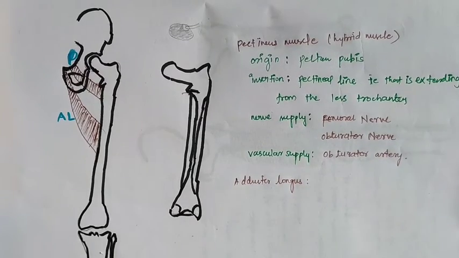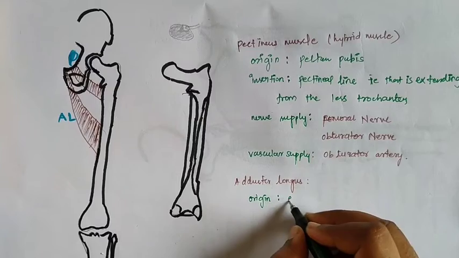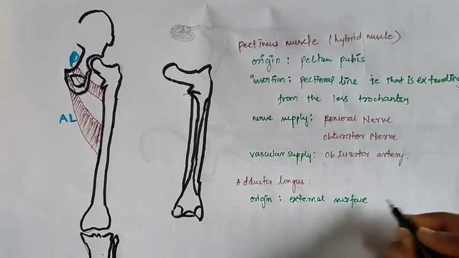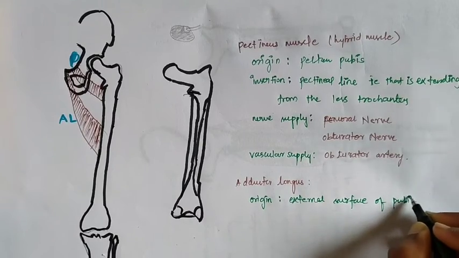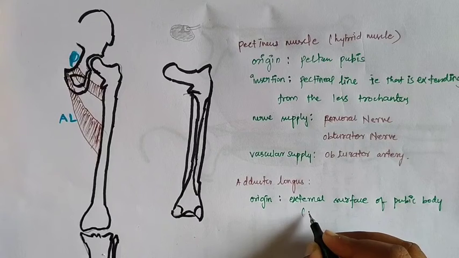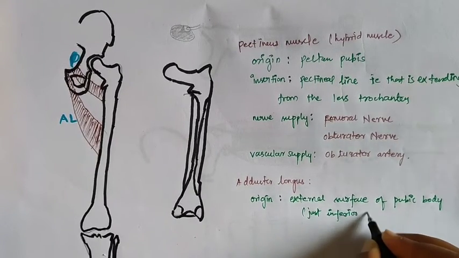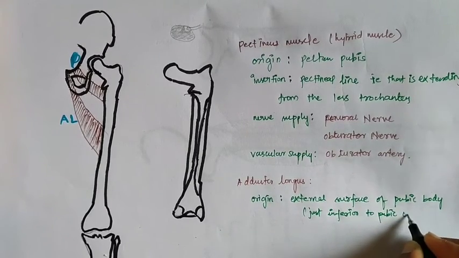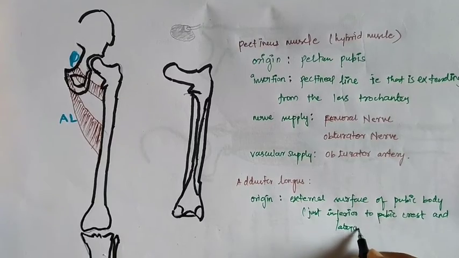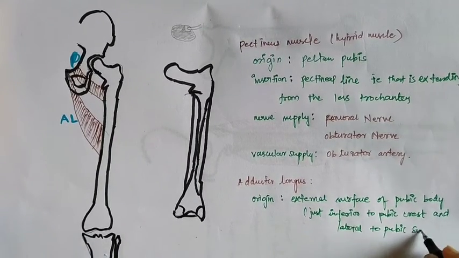Adductor longus: origin, external surface of the pubic body, just inferior to the pubic crest and just lateral to the pubic symphysis.